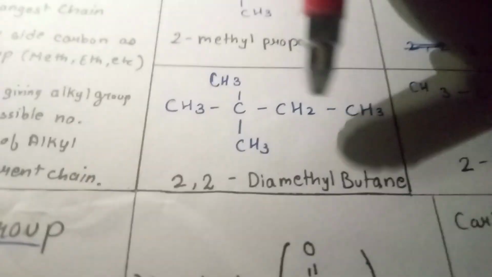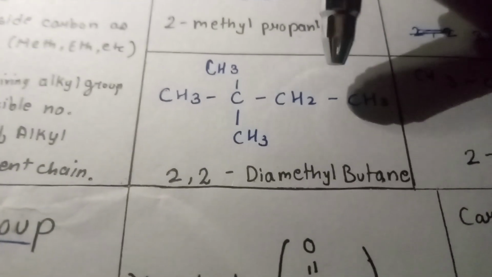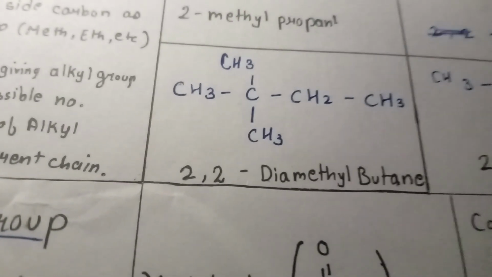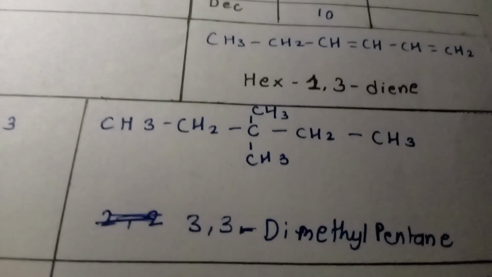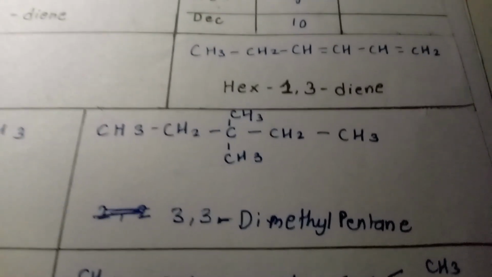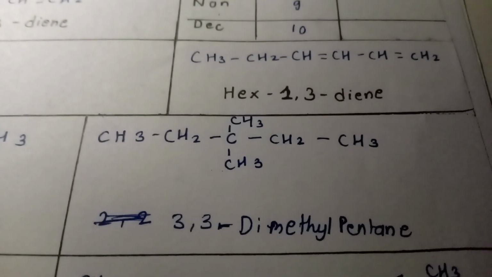So 1, 2, 3, 4 butane, and because it has 2 methyl, it will be 2 comma 2 dimethyl. And same for here, on both sides it is the same. So no matter from where you start, the name will be the same, 3 comma 3 dimethyl pentane.